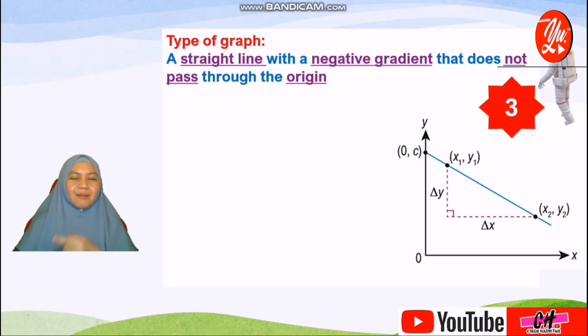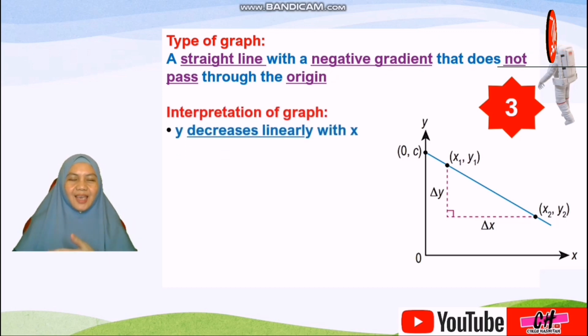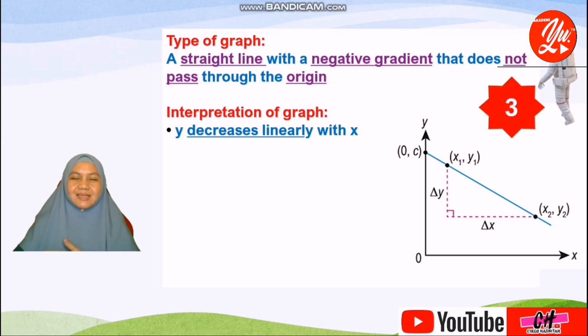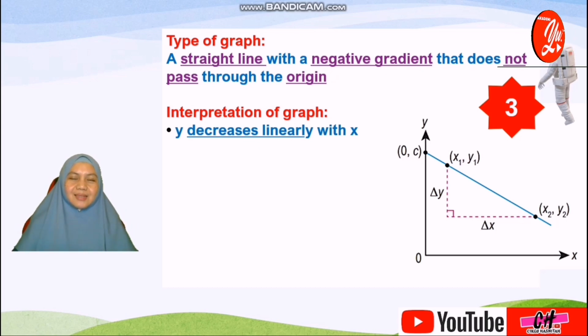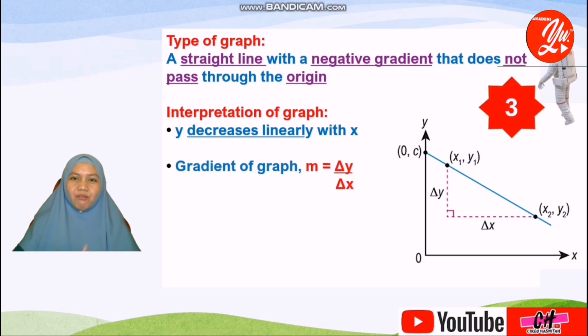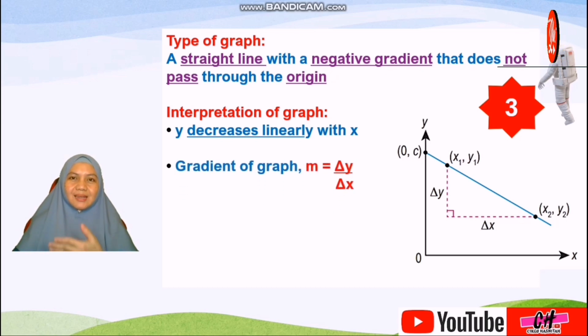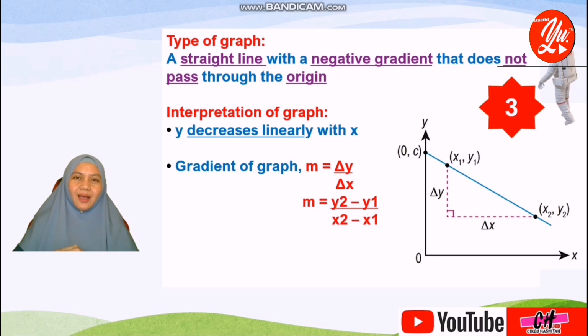So what can you say about the relationship between y and x? Can you guess? It's a good try. Yes. So we can say y decreases linearly with x. Okay, then the gradient, how to count? As before, it is delta y divide delta x, y2 minus y1 divide x2 minus x1.